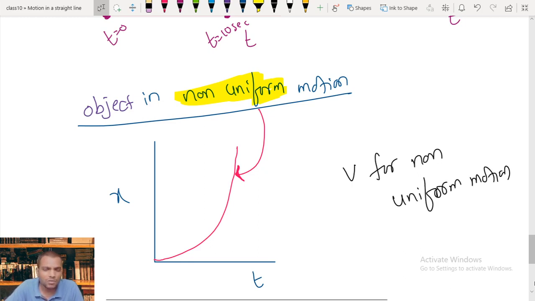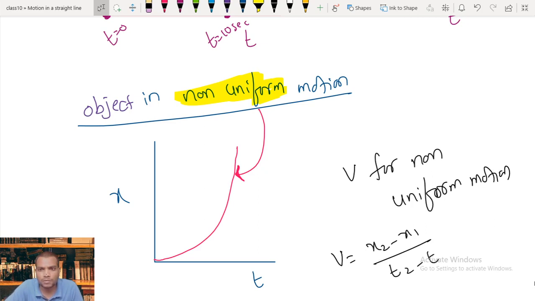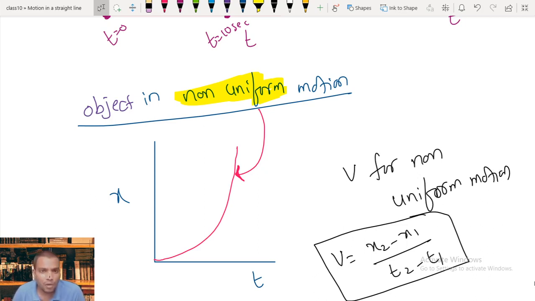Whether it's uniform motion or non-uniform motion, we know only one velocity formula: velocity v equals x2 minus x1 upon t2 minus t1. This is the one and only formula till now we know about velocity. The same formula is applicable whether it is uniform or non-uniform motion.